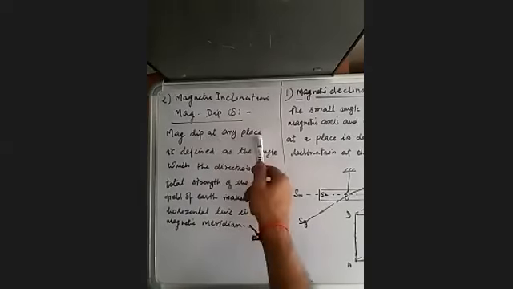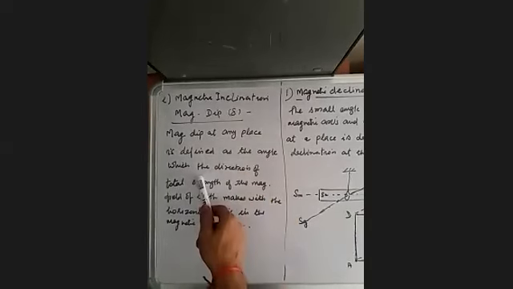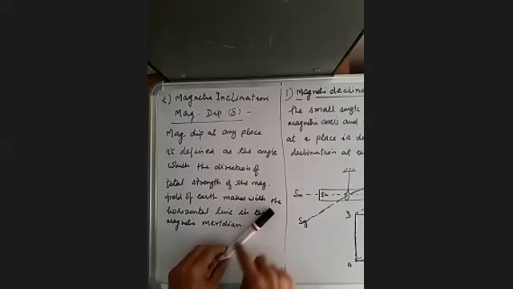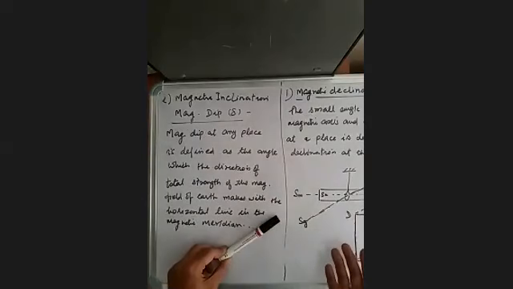The magnetic dip at any place is defined as the angle which the direction of the total strength of the magnetic field of Earth makes with the horizontal line in the magnetic meridian. Suppose at any place, this is the direction of the magnetic field at that place, because the direction of the magnetic field at different places is different.